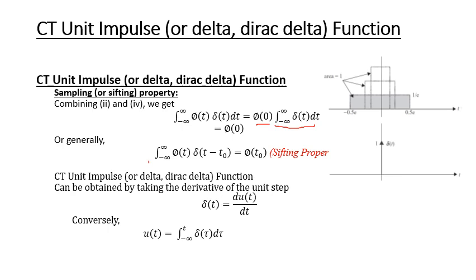In short, the shifting property can be stated as the integration from minus infinity of this times impulse of t minus t naught. We will discuss it in more detail in subsequent topics. So this is the shifting property.